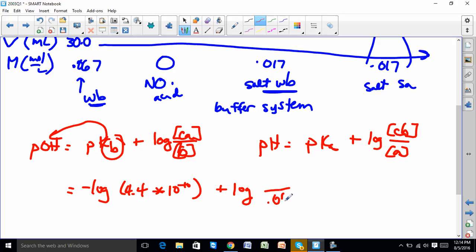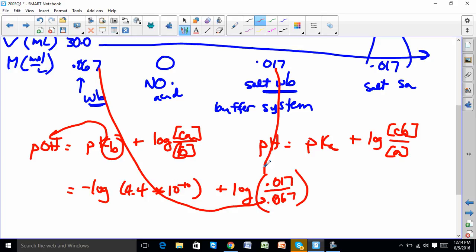That's coming right off the chart. And the concentration of the salt of the weak base is 0.017. And so what happens is this goes here and this goes here.